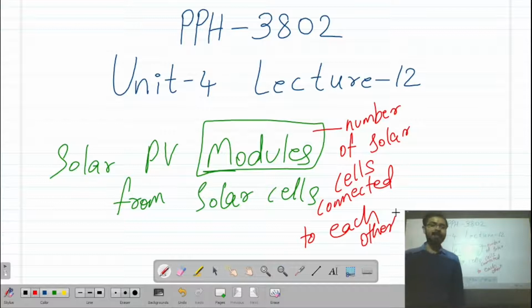Right? Now let us see how modules are made from solar cells. Let us take one single cell.